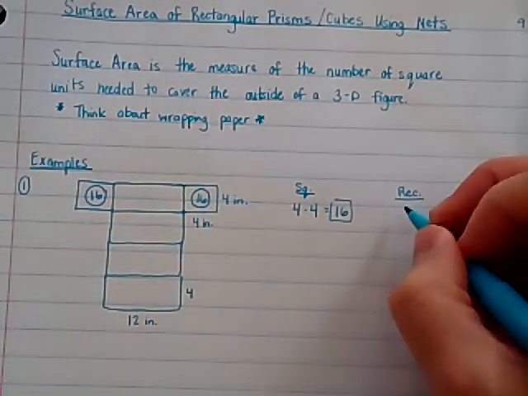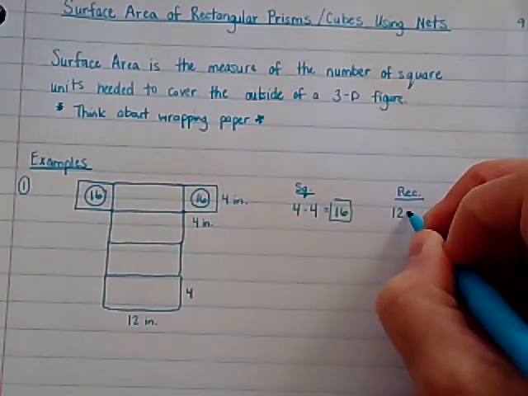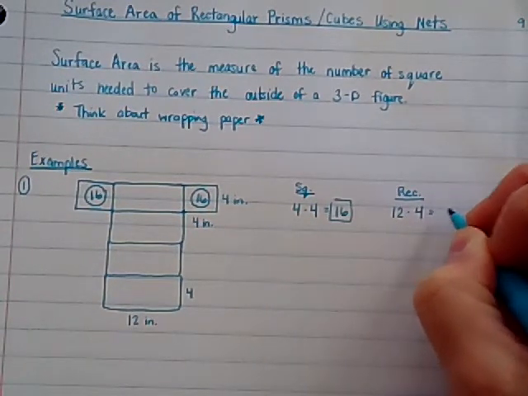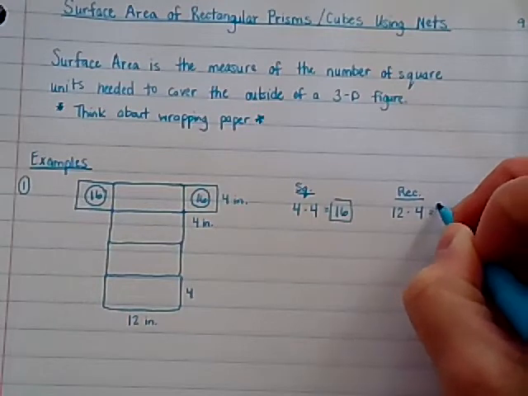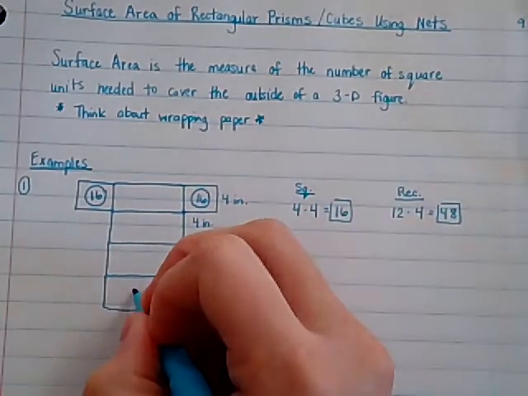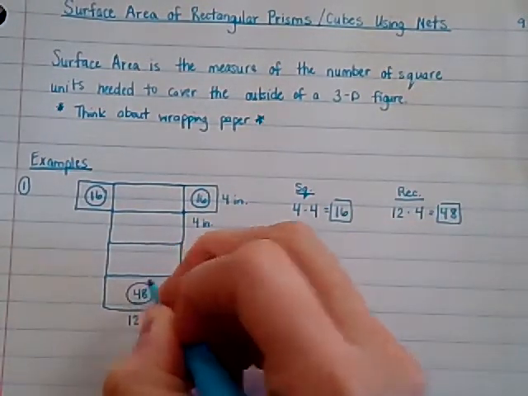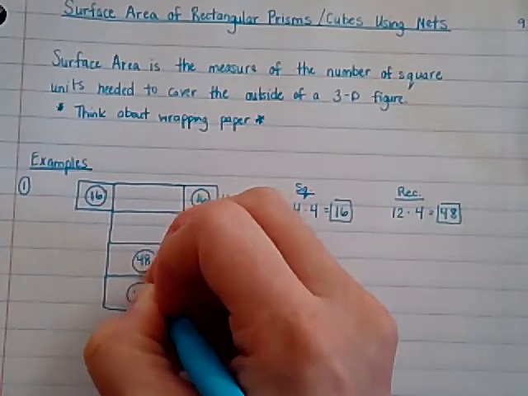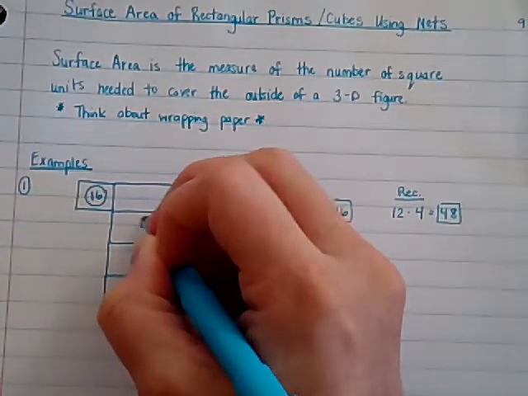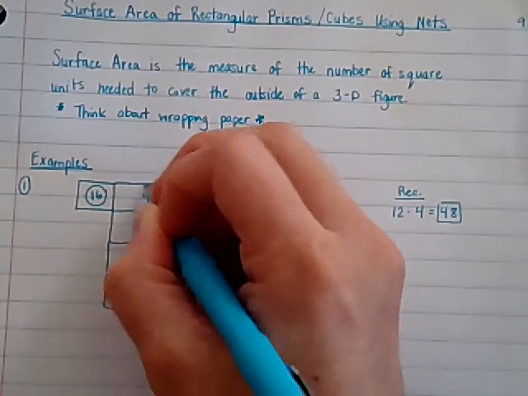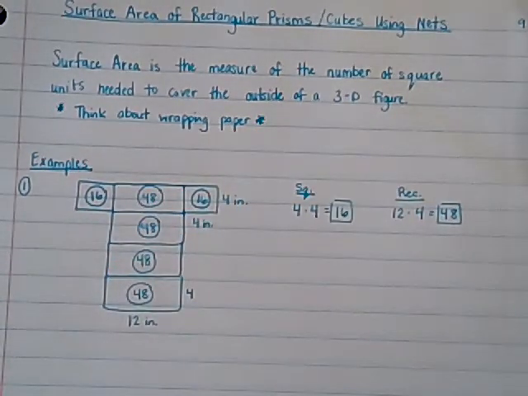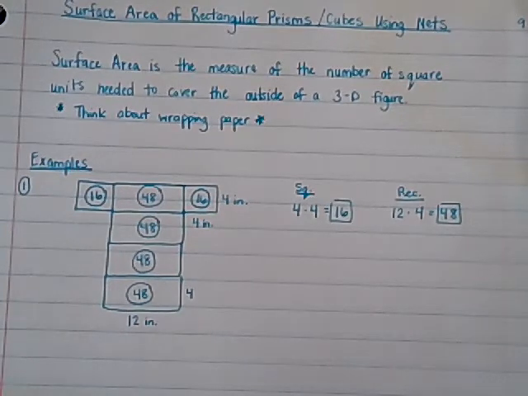So now I just need to do 12 times 4, which gives me 48. And now I know that this area is 48, which means all of these are also 48. So all I did was use the numbers they gave me to figure out those areas.